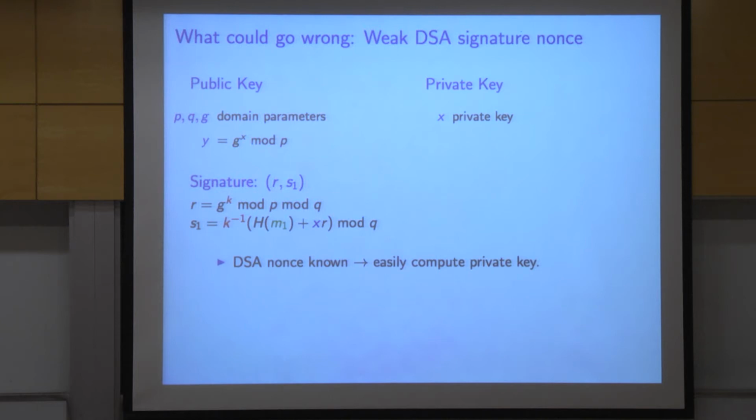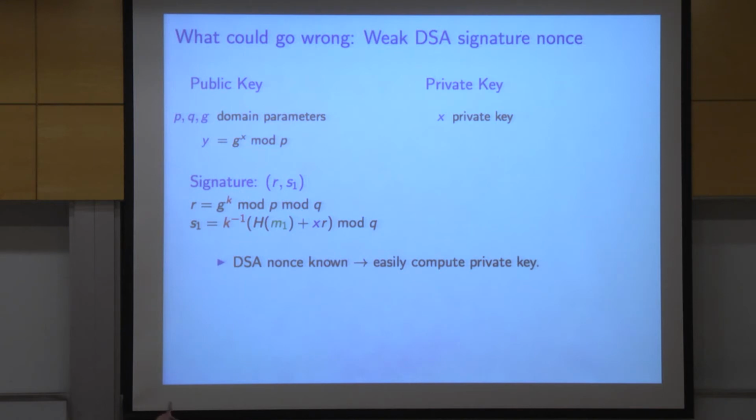But DSA actually has a much more interesting property in terms of key sharing and randomness, which is that, as I mentioned in the first talk, DSA signatures are randomized. So you have to compute this random nonce k, which is in red here. And if this DSA nonce is known for one signature, then you can easily compute the long-term private key for a DSA key.